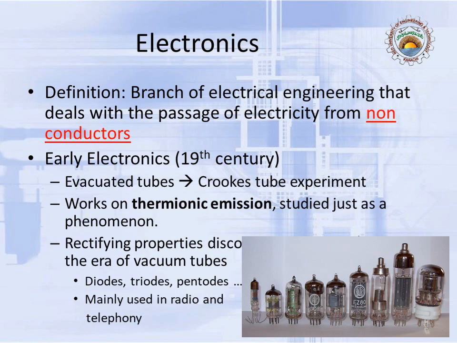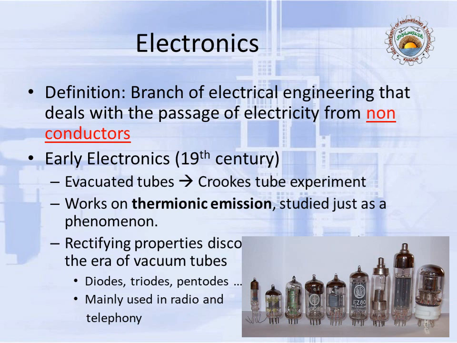Based upon that, rectifying properties of the vacuum tubes were discovered, and based upon that, diodes and triodes and pentodes were made. The question is, why did they make diodes and triodes and pentodes? What was the need for it? It was the late 19th century, the 1890s, the time when Marconi invented the wireless and radio.